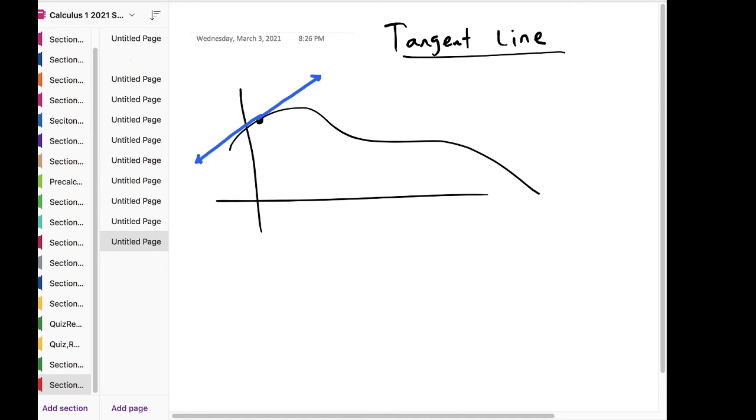The tangent line was kind of like the center of all calculus here, right? So the secant line is the line between 2 points. Yeah, so the tangent line is the limit of the secant lines.